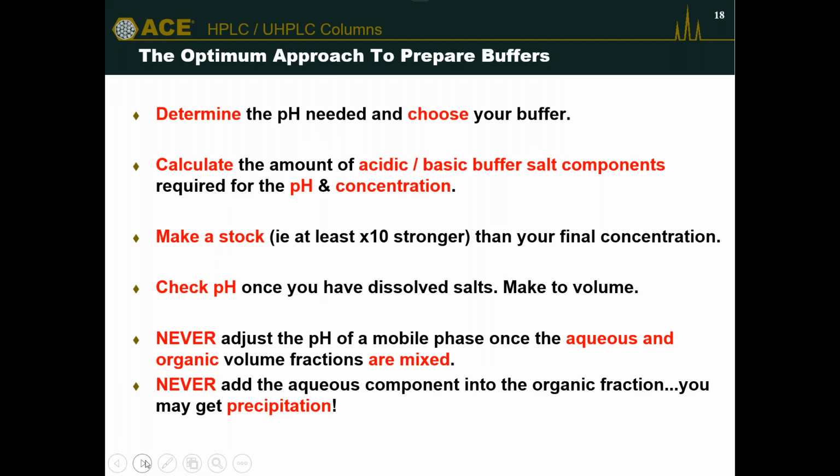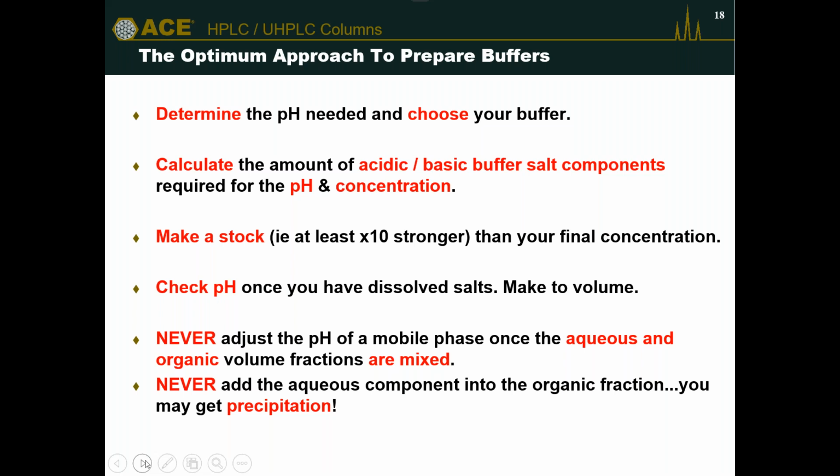So making up buffers, it is really follow your SOP, but make sure that that is interpretable in only one way. So consistency is a key thing when you're making up mobile phase.